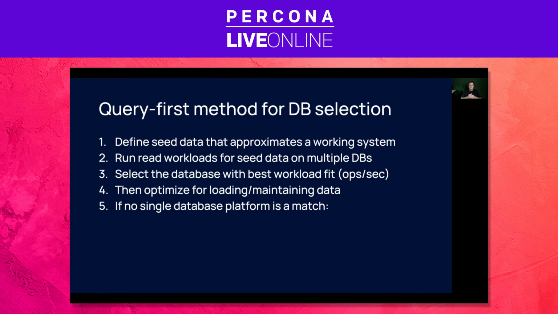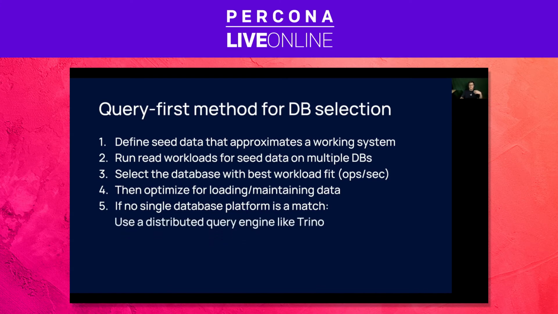So if you do hit step 5 and you say, well, part of my workload really fits better on Postgres, and part of my workload really fits better on Iceberg, and I can't really jam all that together, so I'm just going to have one foot in two canoes, how am I going to do that? If I know I'm going to be in a situation where no single database platform is a perfect match, then that's okay.